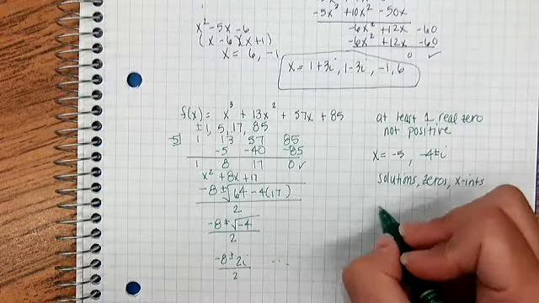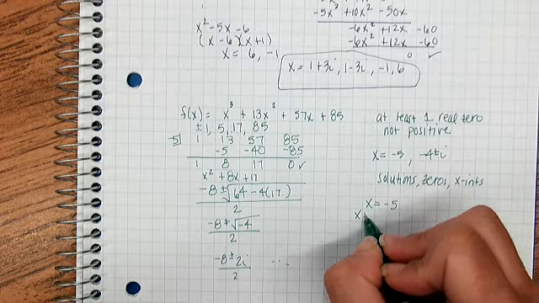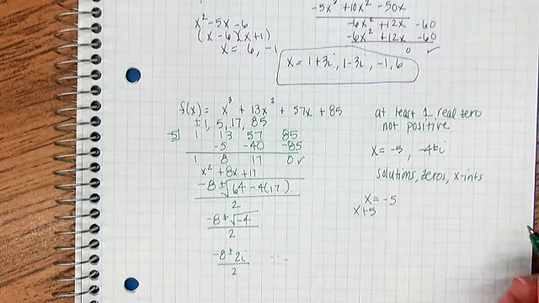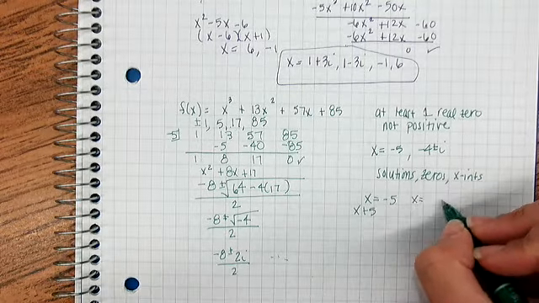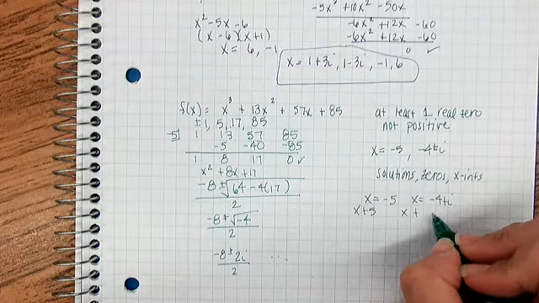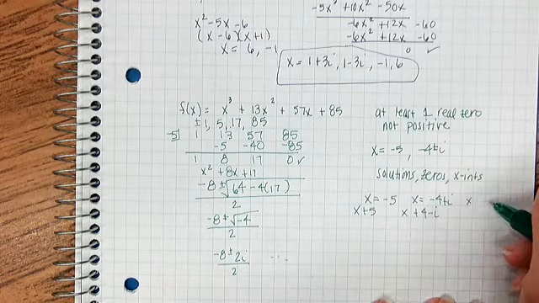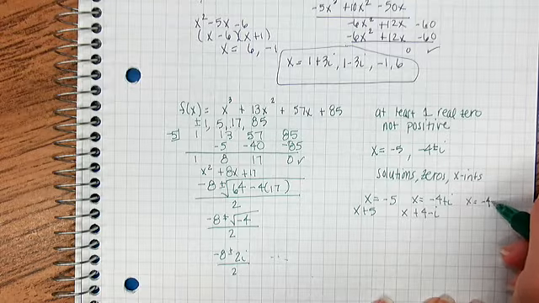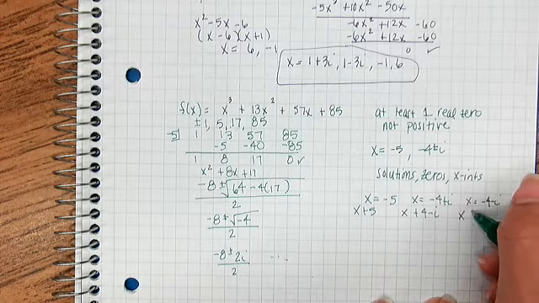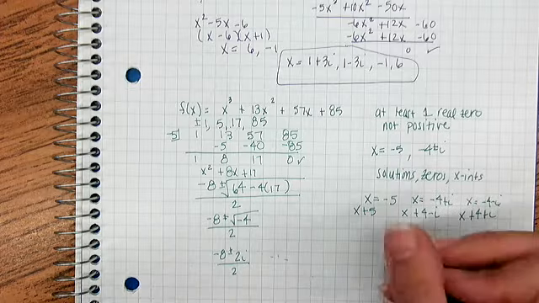Factors. So if x equals -5, x plus 5 is a factor. If x equals -4 plus i, then x plus 4 minus i is a factor. If x equals -4 minus i, then x plus 4 plus i is the factor.